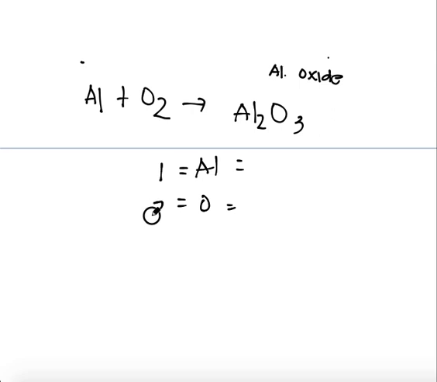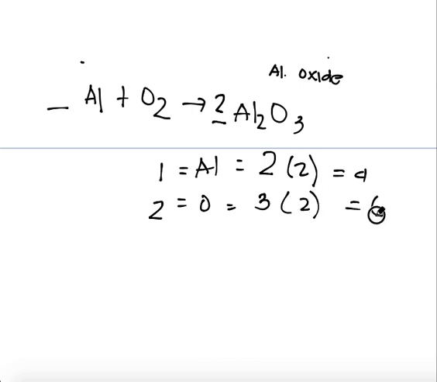Okay, so 1 and 2, Al is 2, oxygen is 3. Dito lang dapat tayo mag-multiply o mag-add, sa coefficient lamang tayo magbabago. So in doing that, let's try to check. If I try to put 2 here, it will be equal to 4 multiplied by 2.